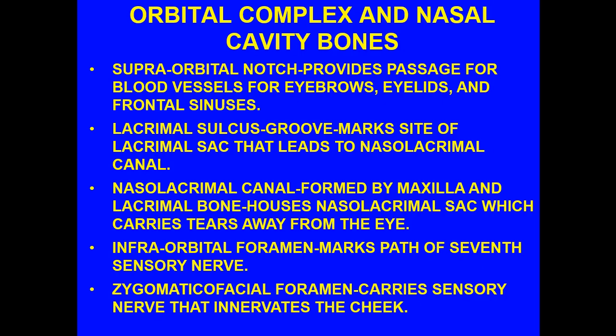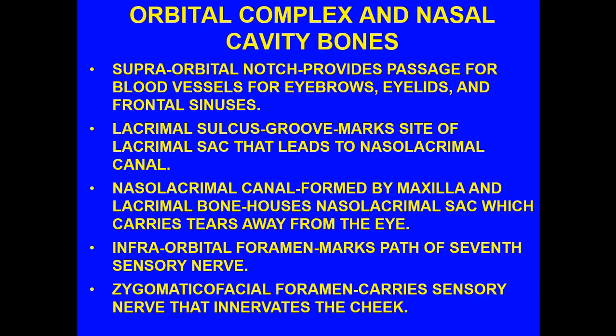The lacrimal sulcus is a groove, okay? It marks the site of the lacrimal sac that leads to the nasolacrimal canal. So what's the nasolacrimal canal, you ask? It's formed by the maxilla and the lacrimal bone and houses the nasolacrimal sac, which carries tears away from the eye.